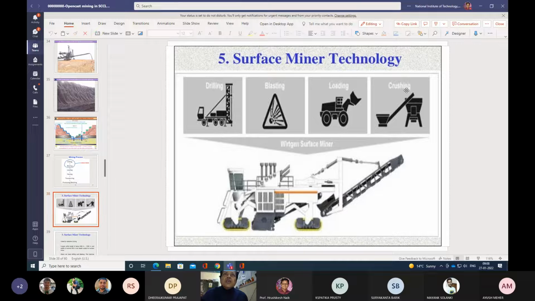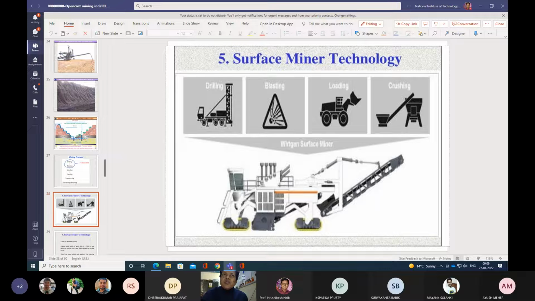In the case of surface miner technology, you are going to remove the drilling, no need of drilling, no need of blasting, no need of loading, no need of crushing. These four operations can be eliminated from the mines if you are going to use the surface miner.